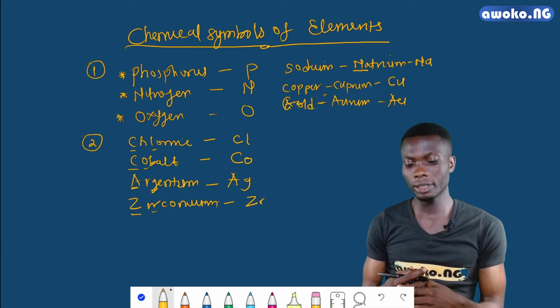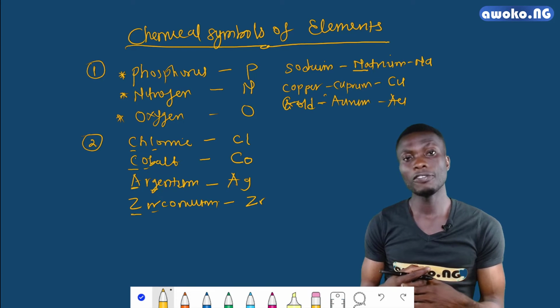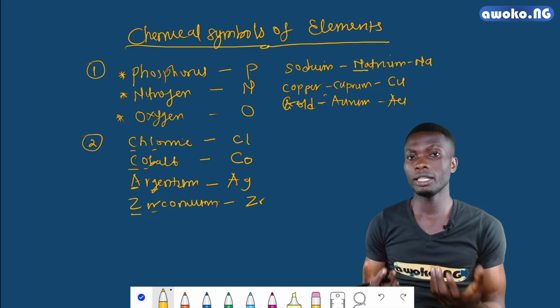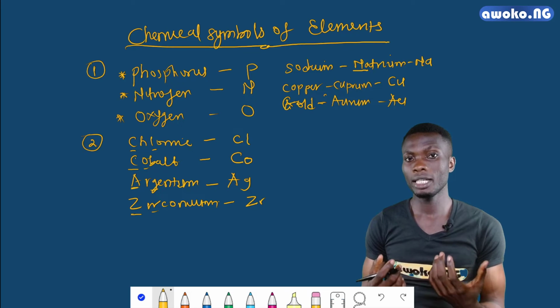Now, another concept I will talk about is the atomicity of elements. Atomicity of elements is very important because these are the ways they are represented in chemical equations.